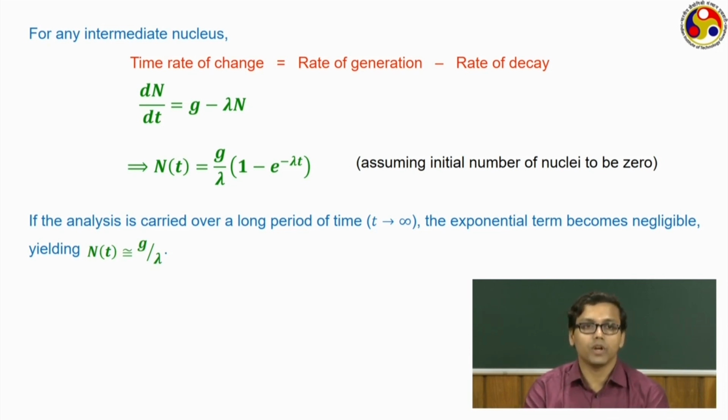Like say, if your period of interest for a certain activity is only say 1 second, then even 20 seconds can also be treated as infinite. And therefore, this exponential term over a very long time interval of course tends to 0 or becomes negligible, yielding this n t is equal to g by lambda.